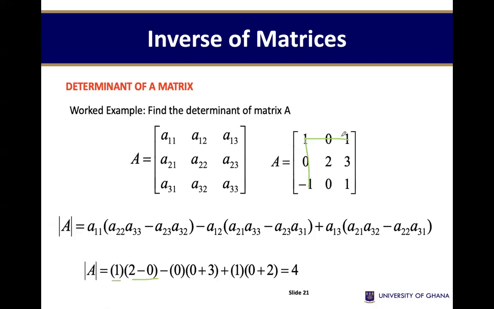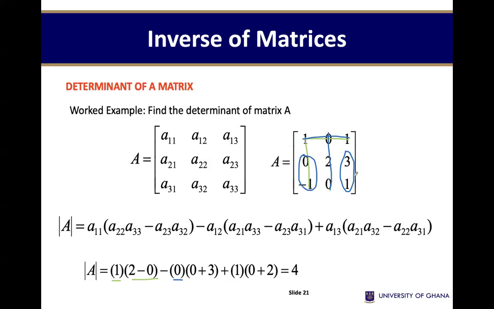So I come to this side, and then I cross. Now, when I cross this, that is going to give me 0, 3, negative 1, 1, okay? So let me just do it this way. So now, I'm going to have my 0 here, and then there's 0, negative 1, 3, 1.